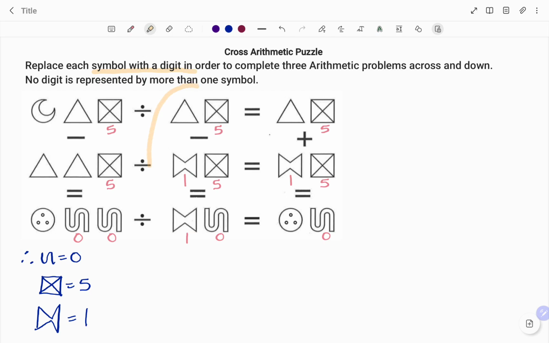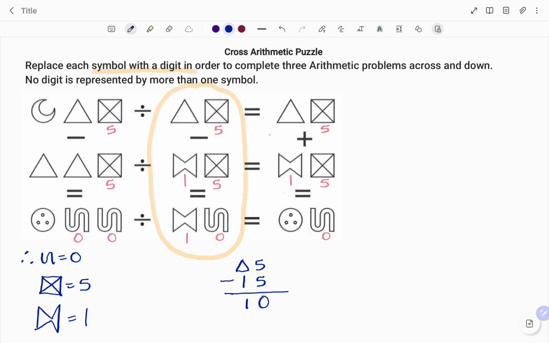Then going to the middle equation, I have the triangle, the box is 5, then we have the function minus, then we have the hourglass, which is 1, and the other box, which is 5. The answer is 10, that's the hourglass and the S shape.